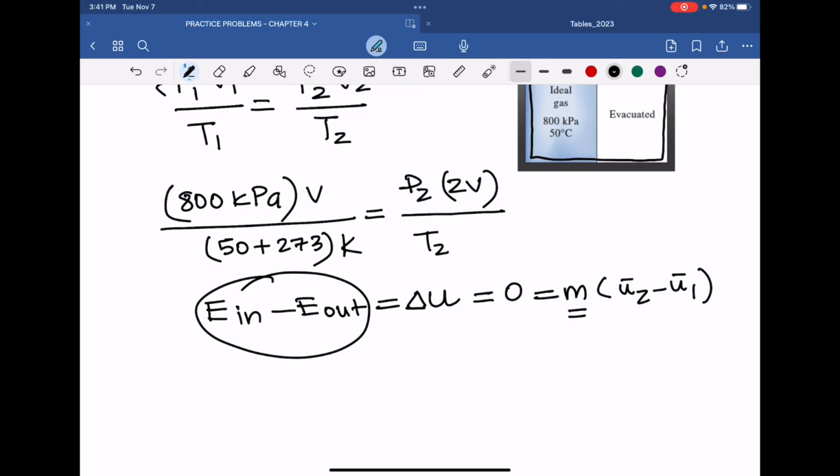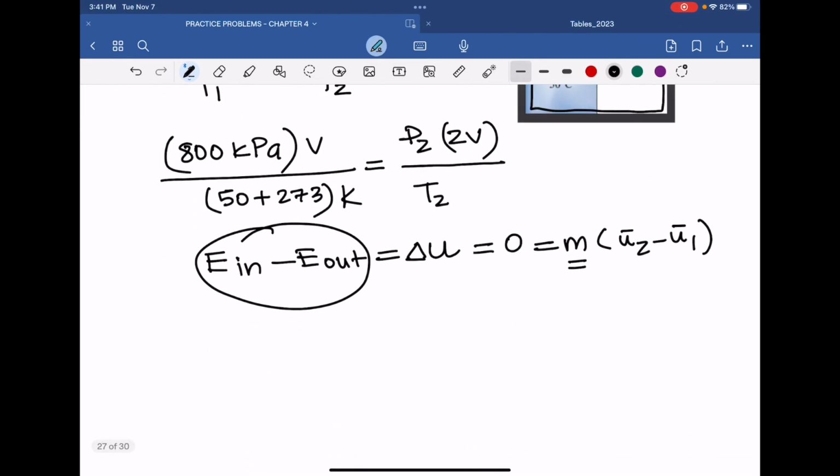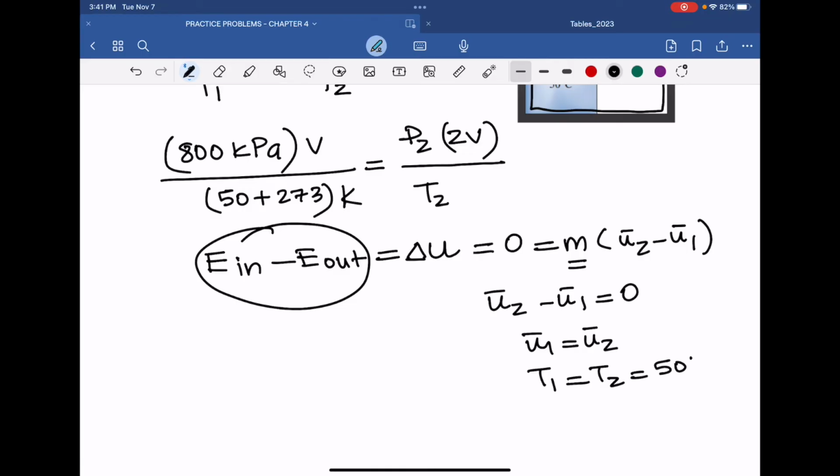Since mass cannot be zero, they are giving 4 kilogram, that means U2 minus U1 is 0. These are equal to each other. Since these are equal to each other, that means temperatures have to be equal to each other. So you actually know the second state temperature, which is the same.